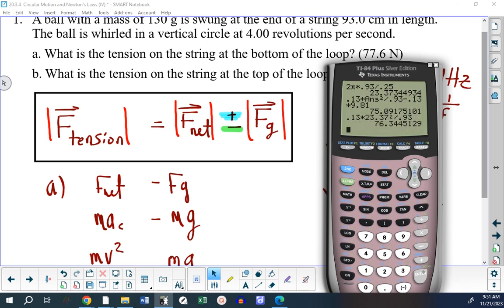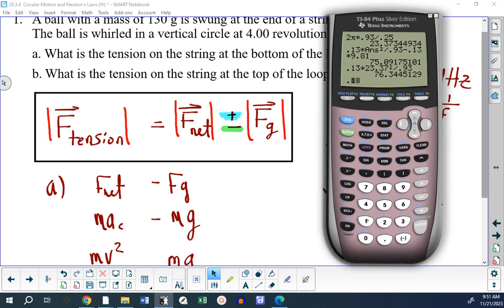It's 76 newtons of net force. And that plus or minus mg, well, the mg is this. It's pretty thin, right? So there's not a lot of difference in the tension at the top and the bottom.